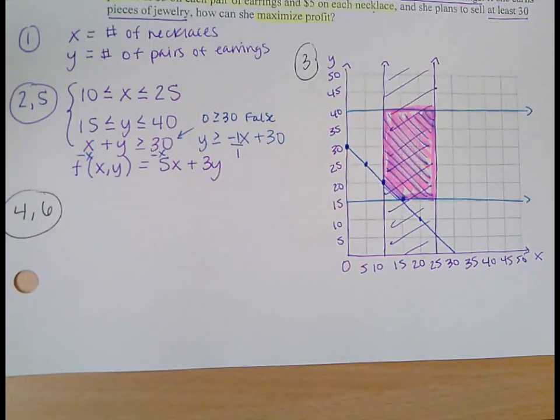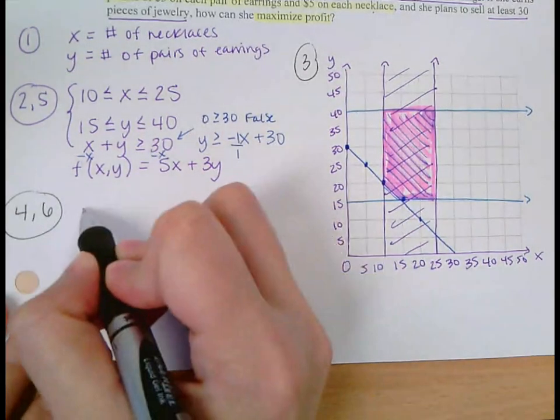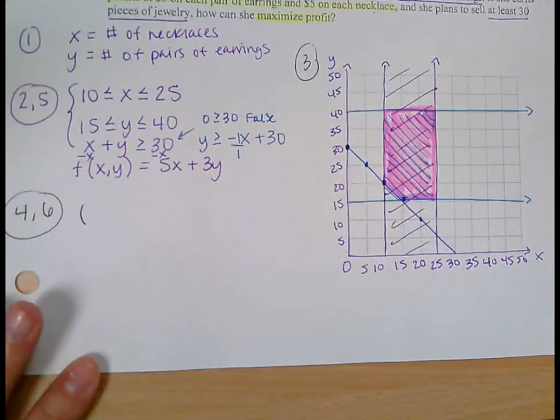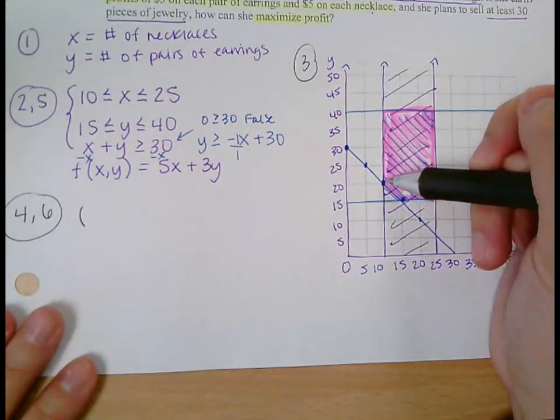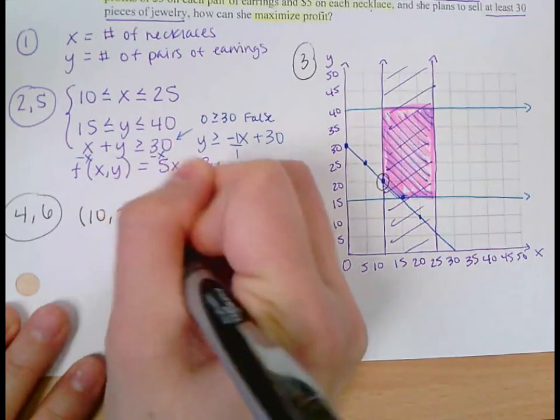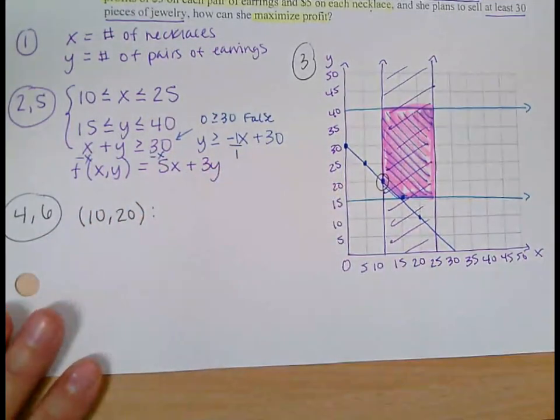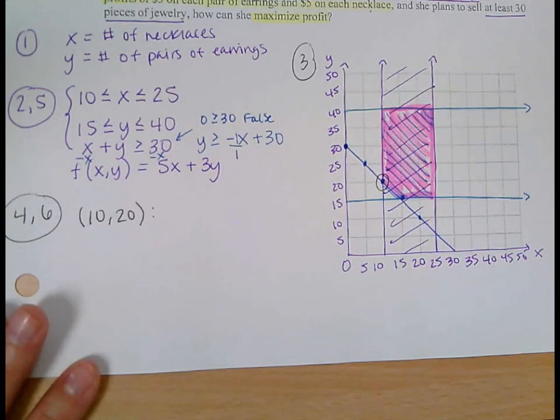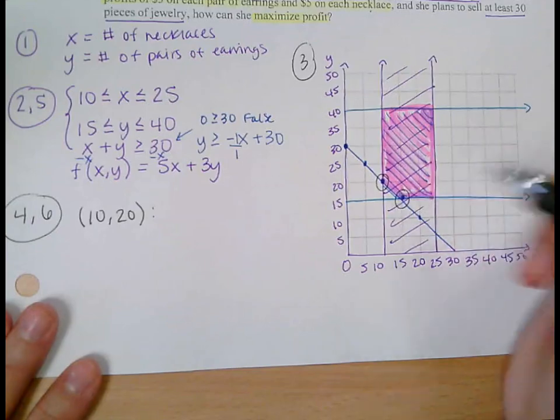So how many vertices do we have? 5. So what is one of them? 10, 20 is one of them. And another one. Ethan? 15, 15.